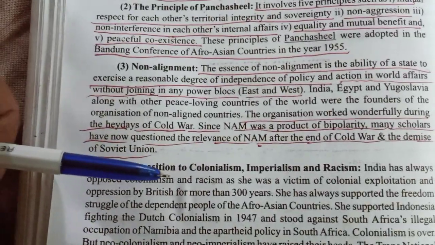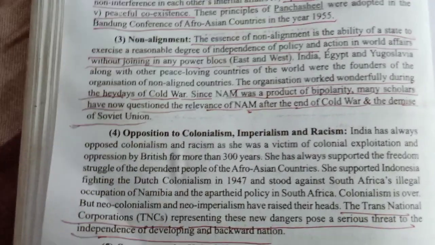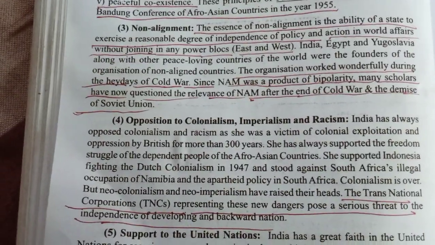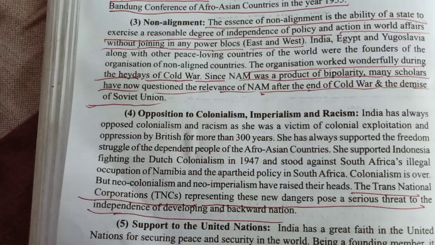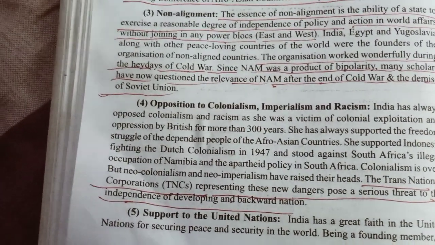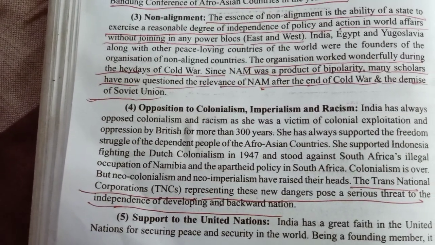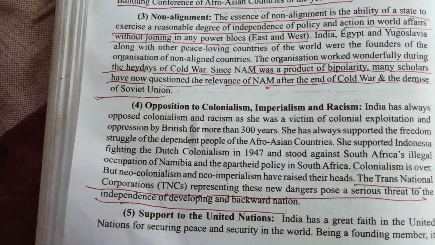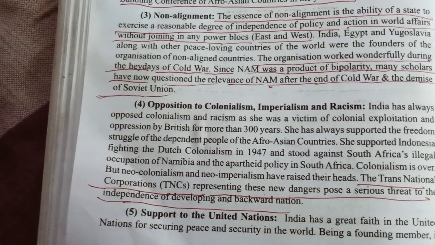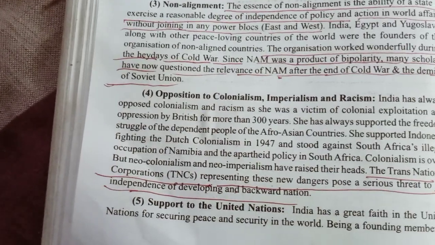Fourth is opposition to colonialism, because India has seen the brutality of colonialism, imperialism, and racism. So India opposes colonialism, imperialism, and racism on any platform India goes.